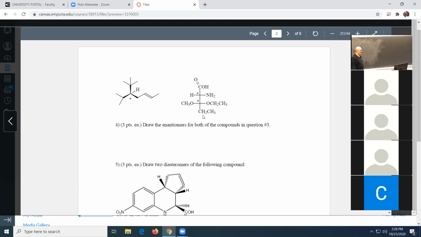When you have a molecule with more than one chiral center, you have to switch the configuration at all of the chiral centers. So this is the original molecule, carboxylic acid.